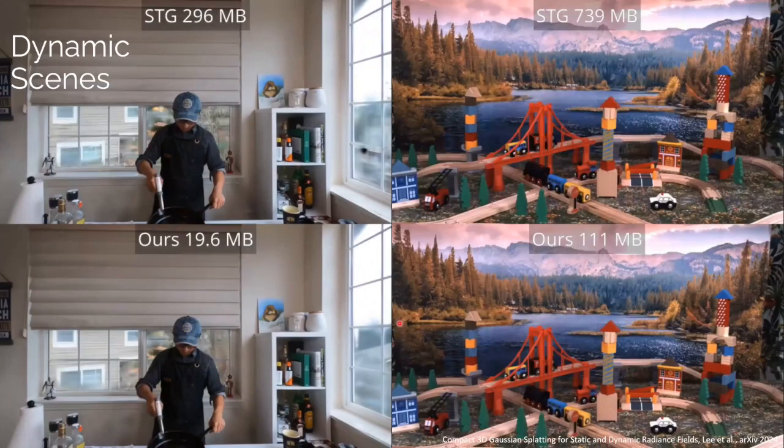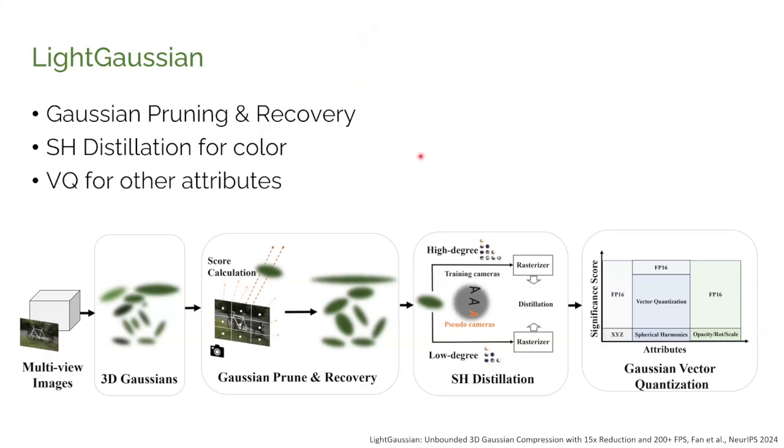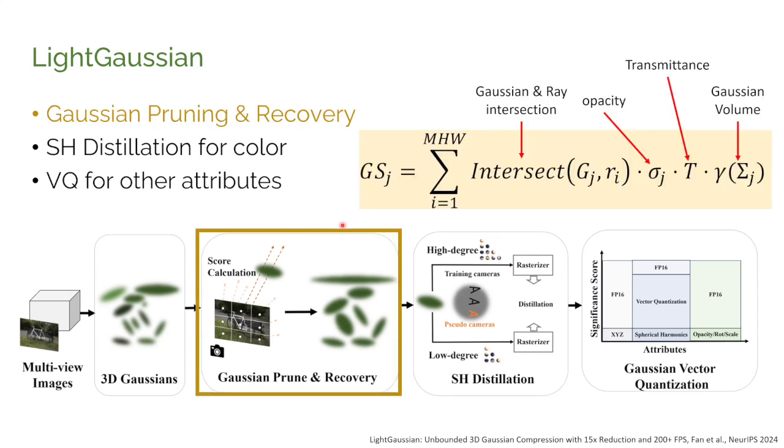So now I would like to introduce other great works too. Here, this is LightGaussian, which was published last NeurIPS. And if you look at the entire pipeline, it looks a lot similar to what I just described, and it has three stages. The first one is a pruning and recovery stage.